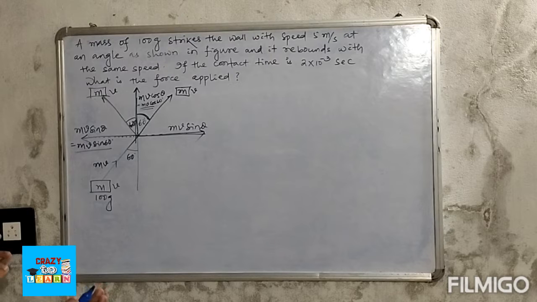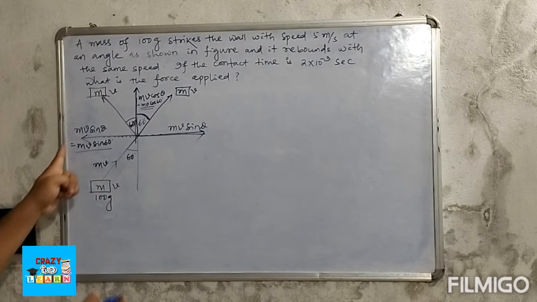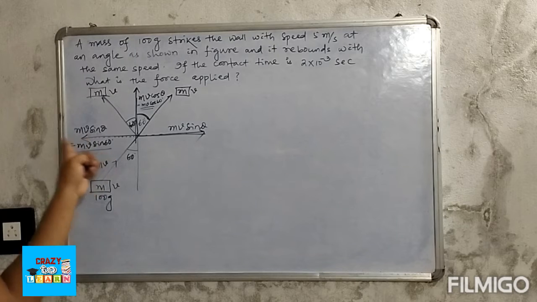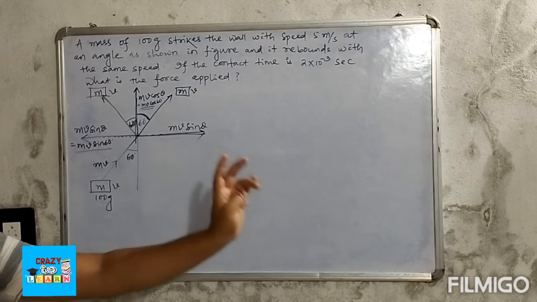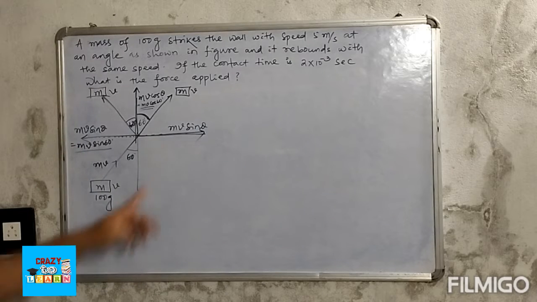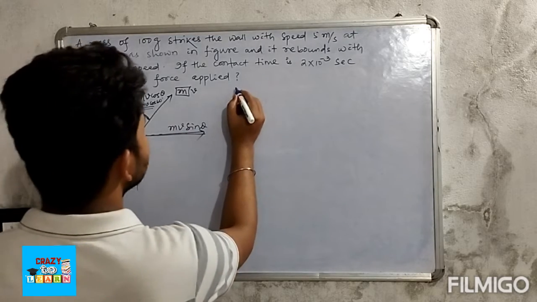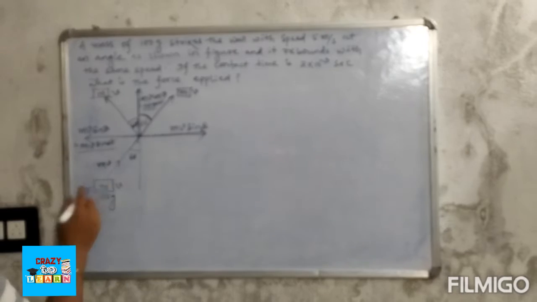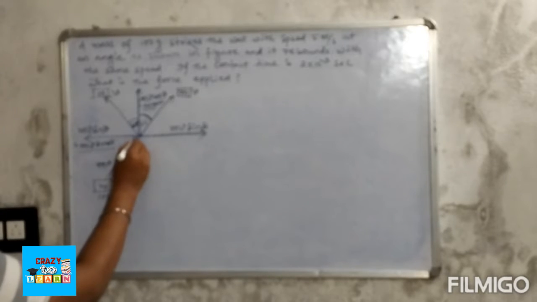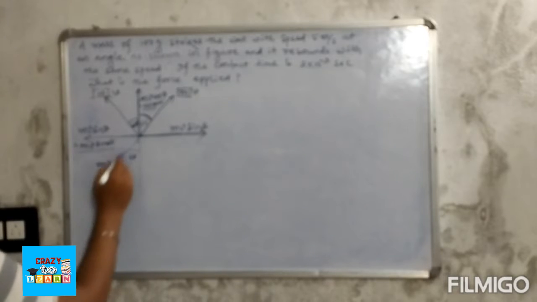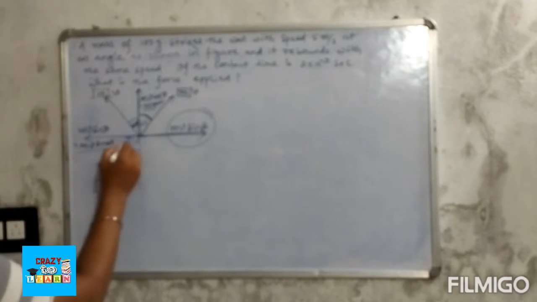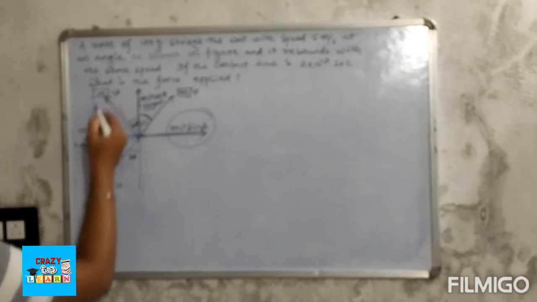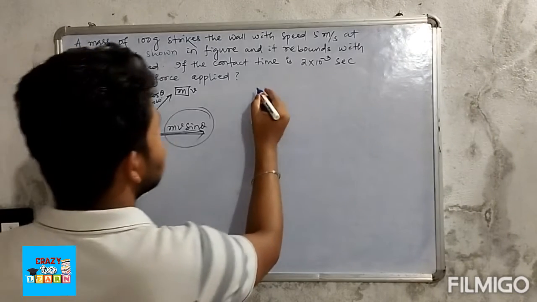Finally we concluded with two vectors: one works along the right side direction with magnitude mv sin 60, and another works along the left side direction, which is also mv sin 60. Clear? So what is the change? This is your initial, as it is the component of this vector, and this is the component of this vector, so it is your final. So what is the change in momentum?